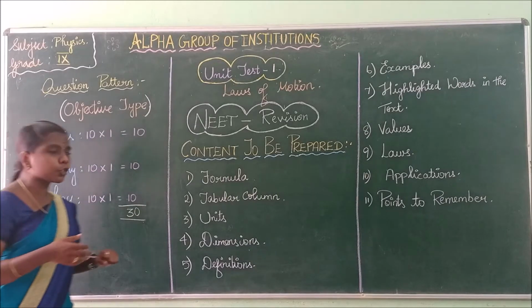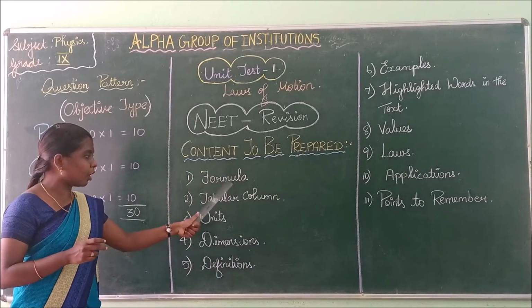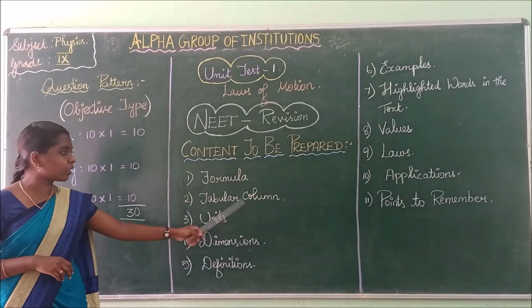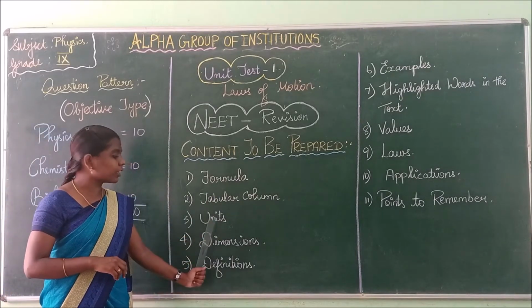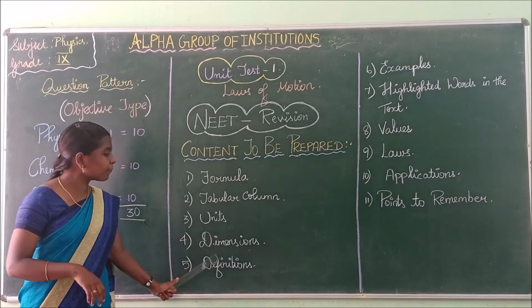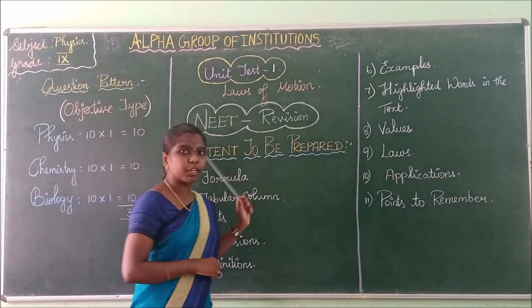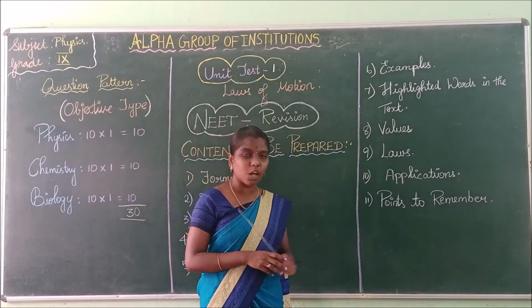The content that you should prepare for your test is all the formulas from the first unit, the tabular columns given in your first unit, the units for various contents, and the dimensions, definitions, laws and the examples for those laws.